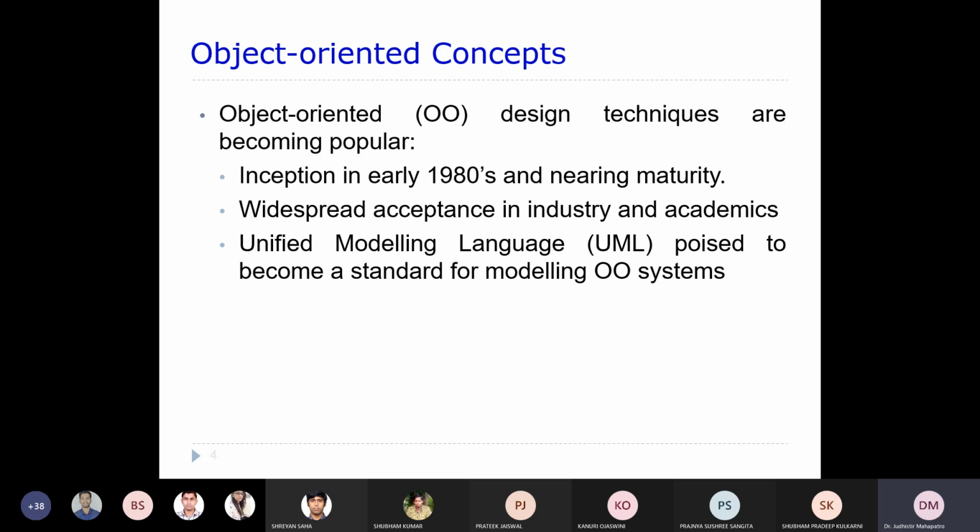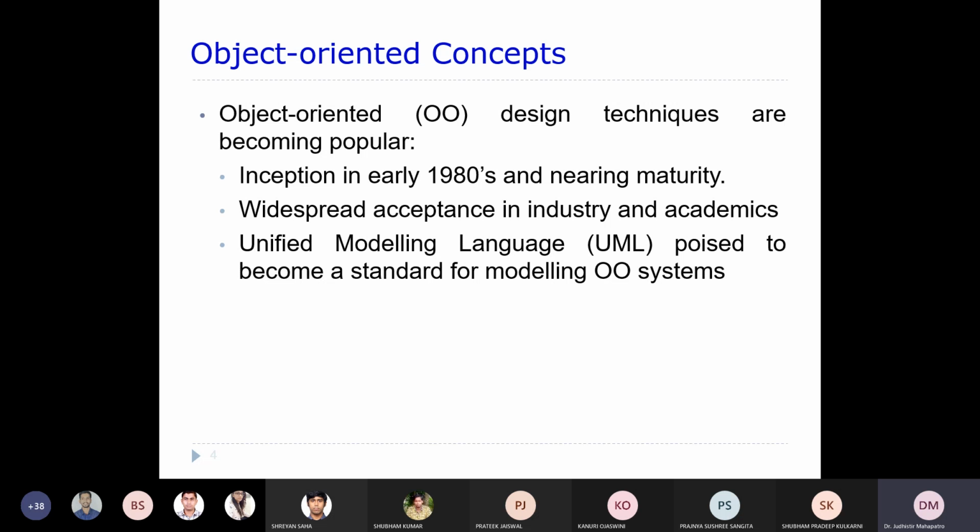These object-oriented design techniques are becoming very popular day by day, since the 1980s. Today, in many software developments and industries, people use these object-oriented design techniques because there is very good growth in object-oriented programming languages.